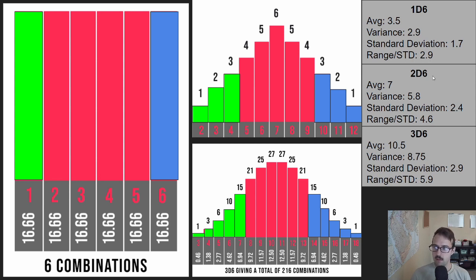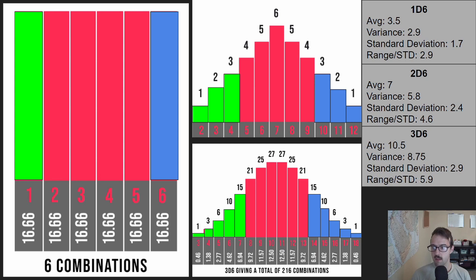As you go into the other dice, your average and your variance increase linearly by 3.5 and 2.9 for every die you add, respectively. The standard deviation, because it's a square root of the variance, grows slower than the variance, and that means the range, essentially the number of possibilities divided by the number of standard deviations, is going to be increasing over time.